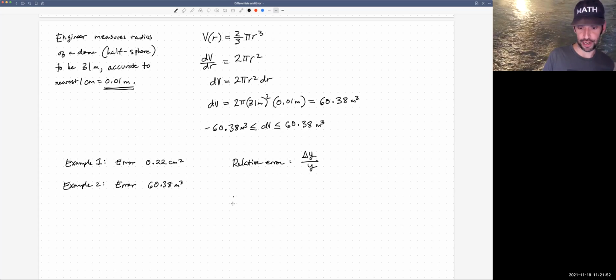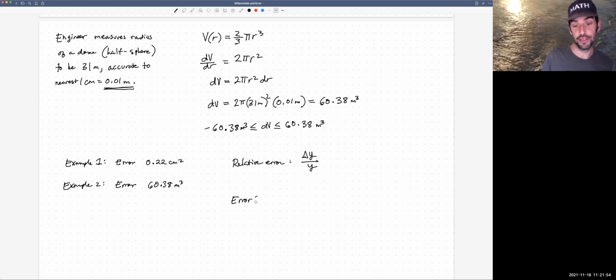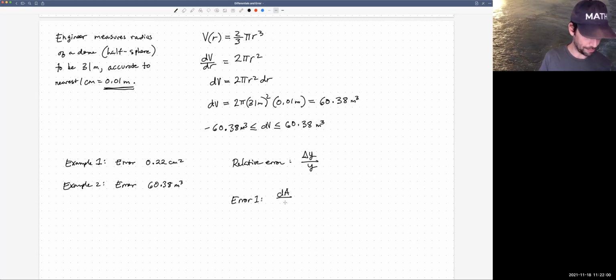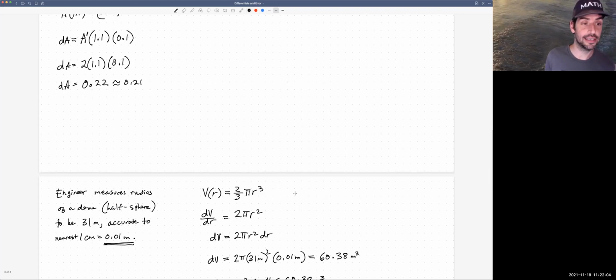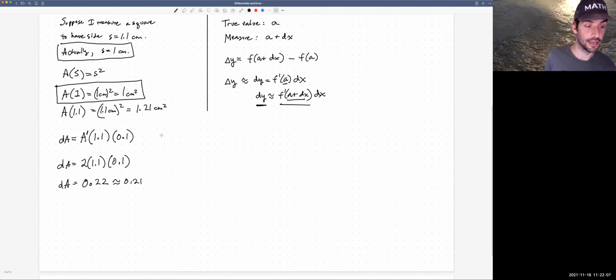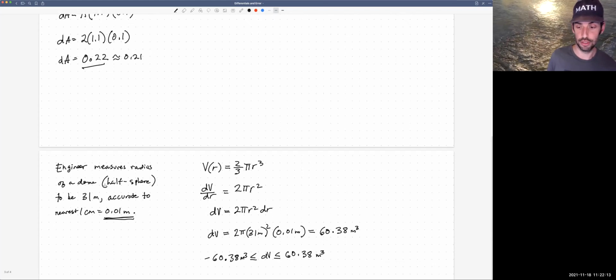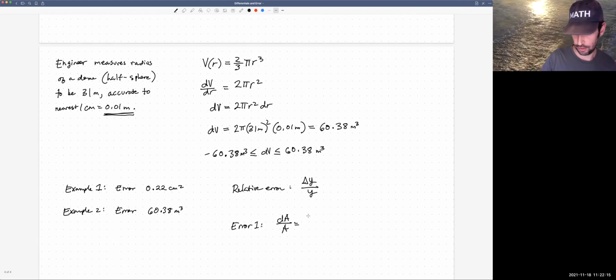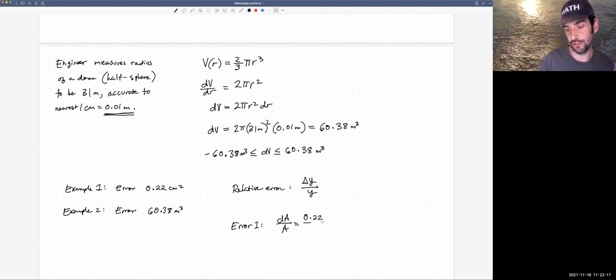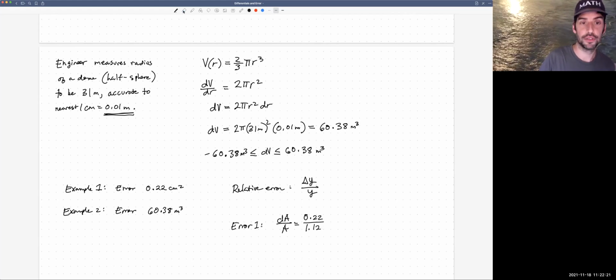What we're really going to compare is the approximations we have. So for instance, with error 1, the square, the relative error is going to be dA over our measured value of A. If you look back, our dA was 0.22, and our measured value of the area was 1.21.